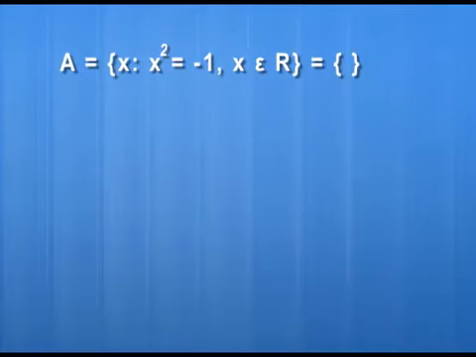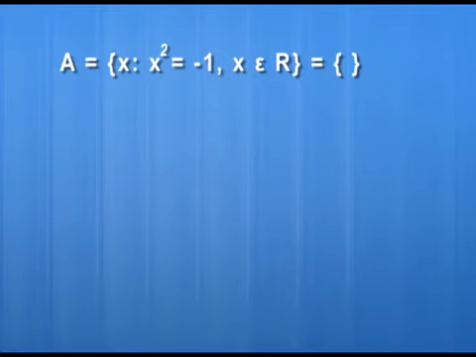By now, we have learned what are sets and two methods to represent a set. Now, using rule method, let me discuss one more set. The set is here set A, the set of all x such that x square equal to minus 1 and x belongs to real numbers.